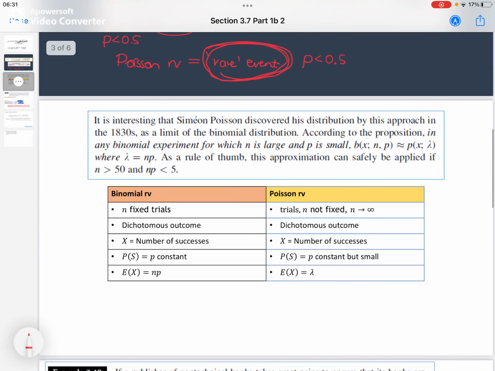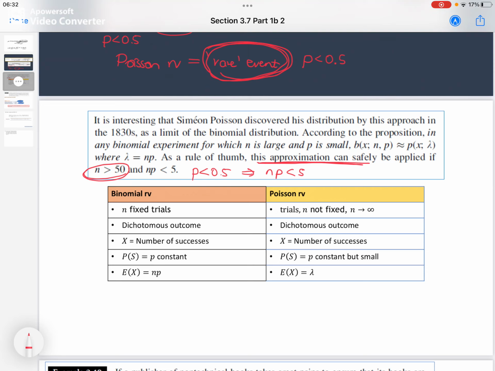All right. So again, we said that if n is greater than 50 and p is less than 0.5, which means that n times p is less than 5, then we can safely apply this approximation, meaning you can use the PMF of the Poisson to calculate the probabilities of a binomial random variable, all right?